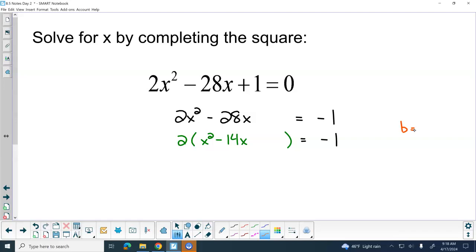What is my b value? Negative 14. Then I need to divide that by 2. Negative 7. Then I need to square that. That 49 fills in this space.